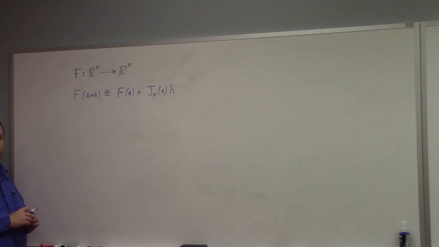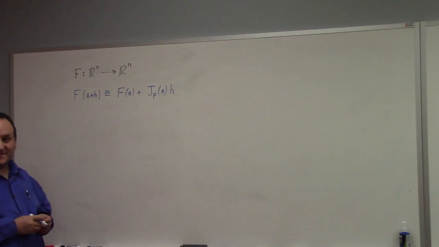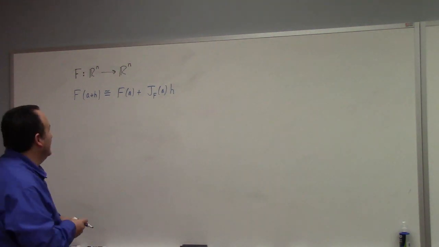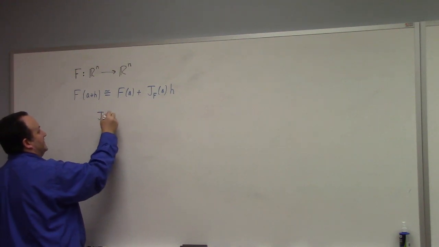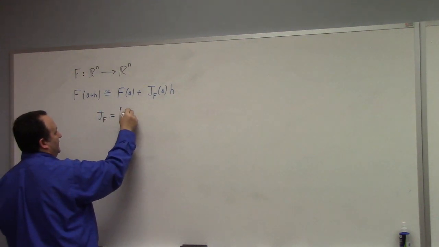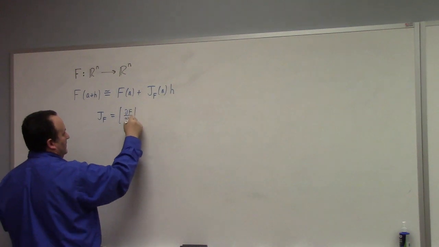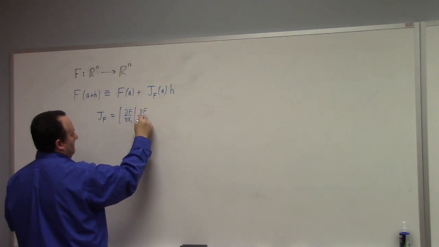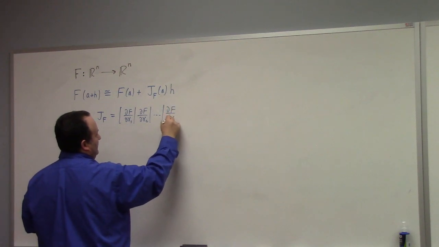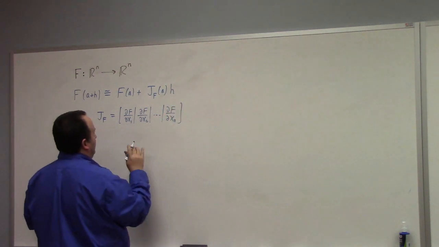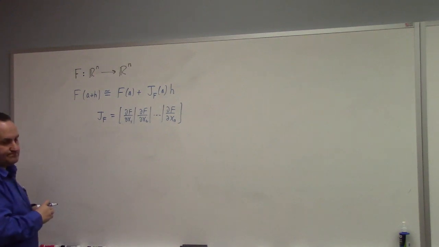So is this like generalized linearization? Yes, this is the generalization of the linearization. Now the Jacobian of f, if you're curious, is just the matrix formed by partial f partial x1, partial f partial x2, up to partial f partial xn, and these are partial derivatives of a vector. So that's an n by n matrix.